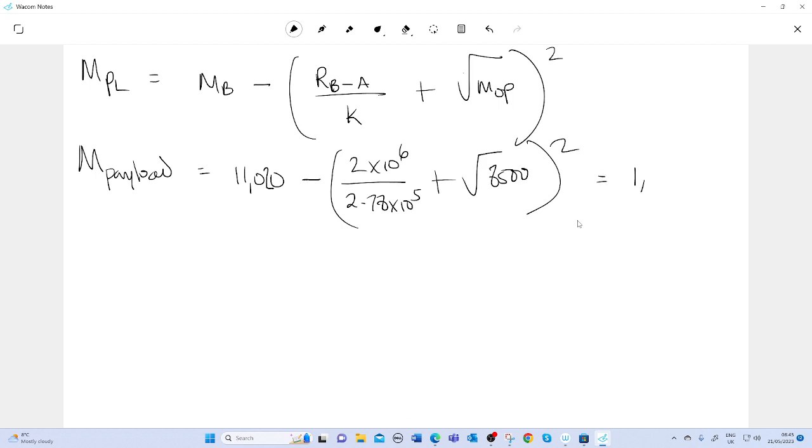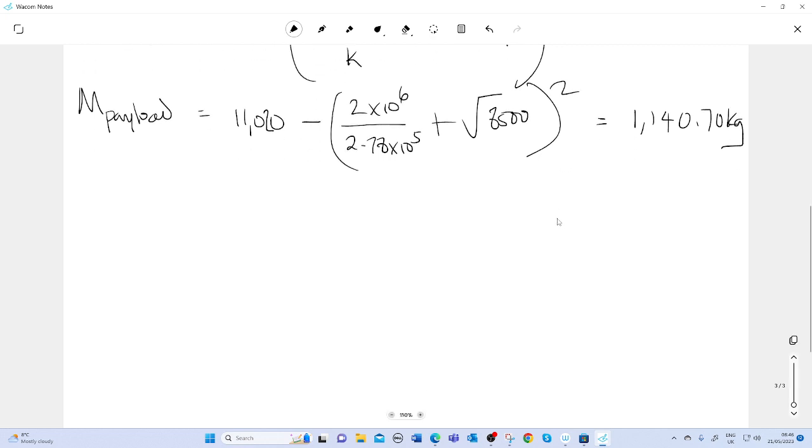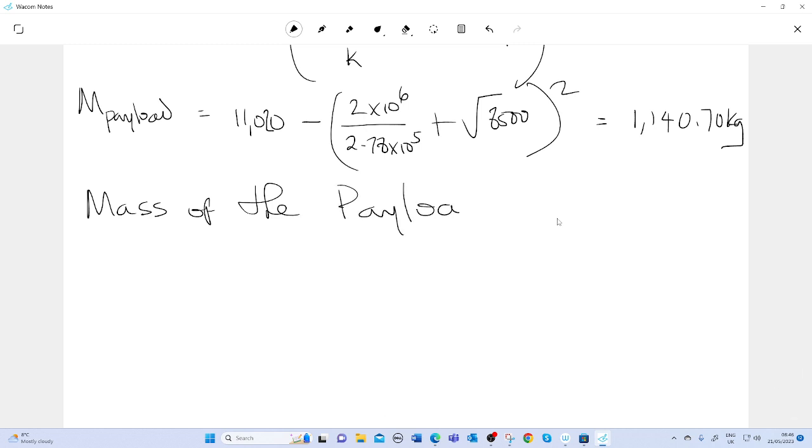It gives us 1,001 for 0.70 kilogram. So the mass of the payload equals 1,140.7 kilogram calculated.